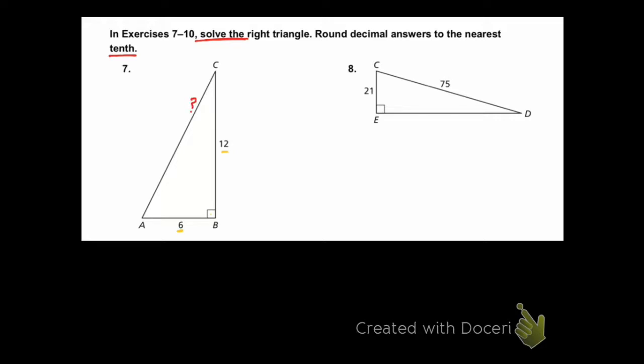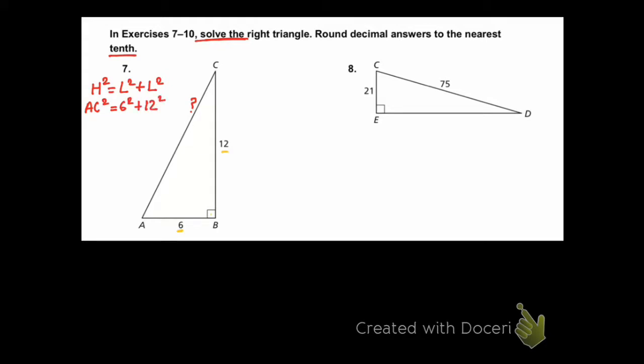I don't know how much that is, and I know the Pythagorean theorem is that hypotenuse square is leg square plus leg square. Just plug it in, and the hypotenuse is AC square. So AC square equals one leg, 6 square, plus another leg, 12 square.